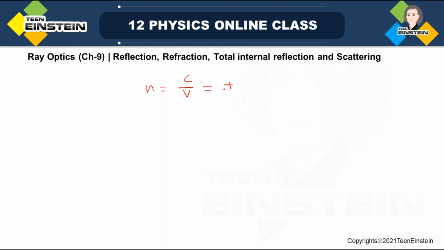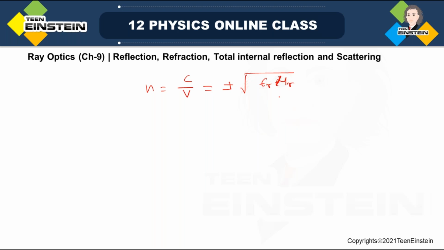And this is equal to plus or minus square root of epsilon r and mu r, where c is the speed of light in vacuum and v is the speed of light in the medium, epsilon r is the relative permittivity and mu r is relative permeability. Okay, so these are few informations we can have, and with this we have to solve this problem. So let us try to solve this problem.